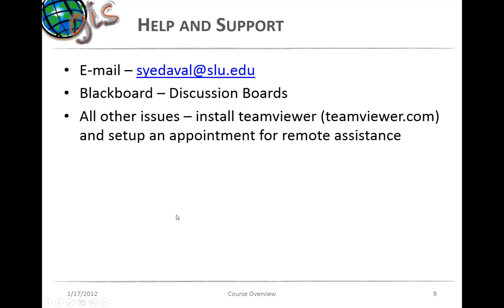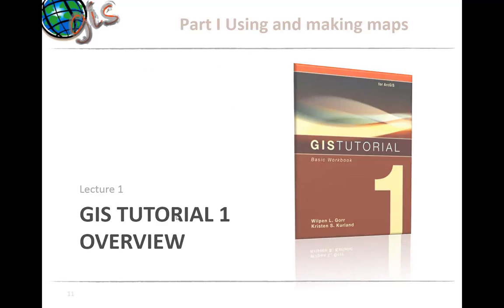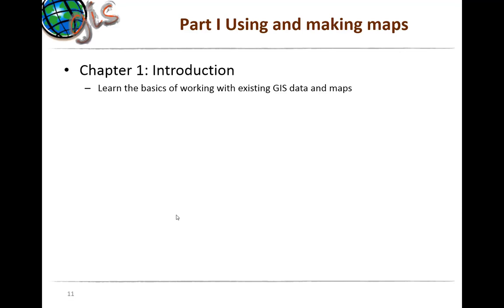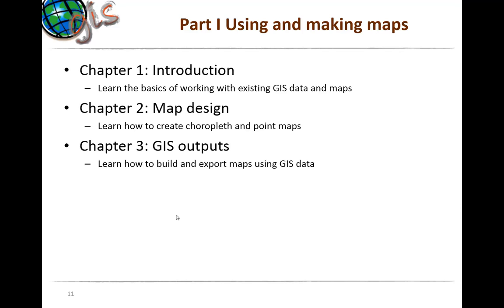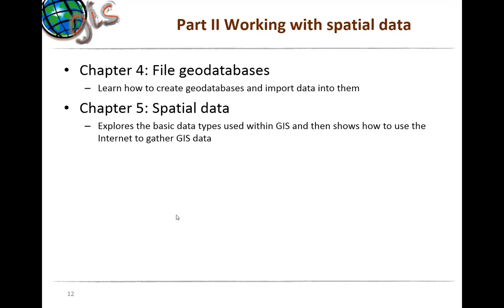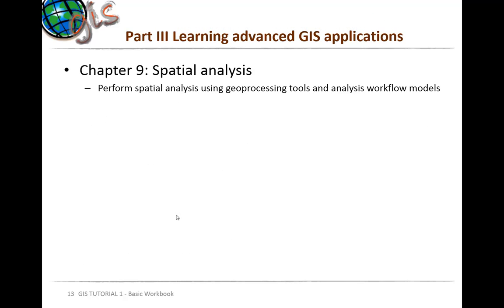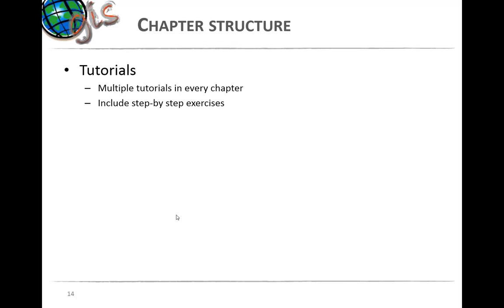So let's talk about the main text that we have here, which is a GIS tutorial. It has 9 chapters: the introduction, map design, GIS outputs, file geodatabases, spatial data, digitizing, geocoding, and finally spatial analysis. These are structured in a specific way.